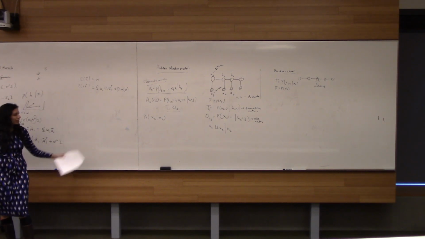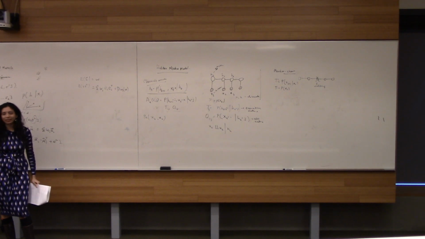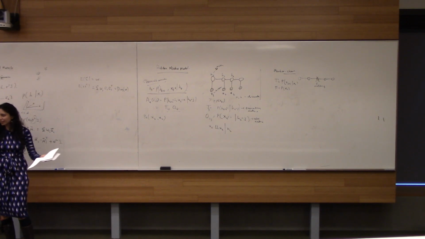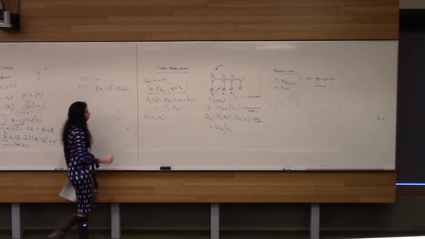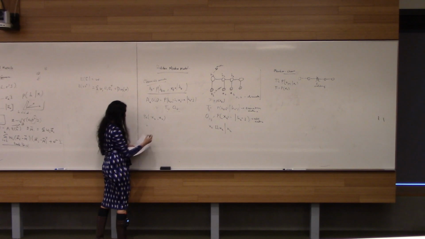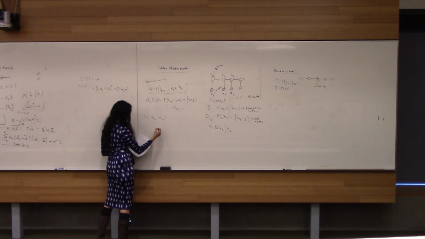This is where I can do the conditioning trick. I can condition on H1, I can condition on H2, and because of the conditional independence, I have a breakdown of the matrices. I won't go through all the steps. You can do that in your own time, but I will write down the claim.